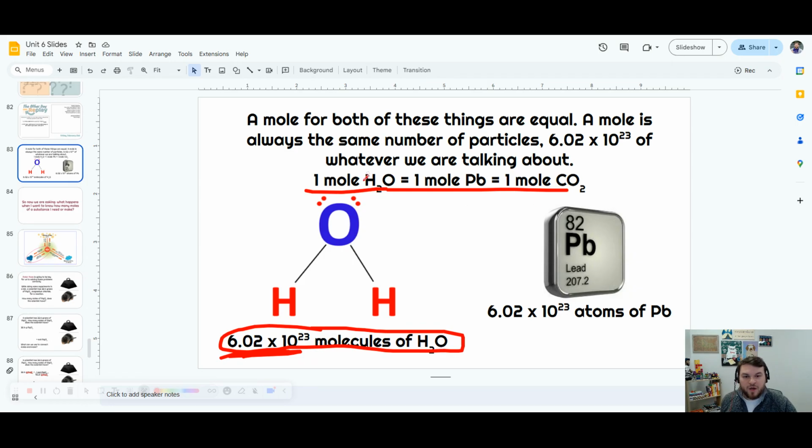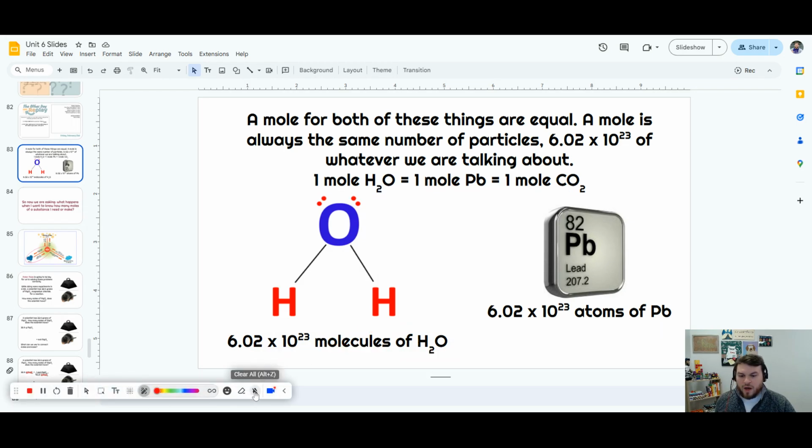When we have water and lead involved in the same reaction, if we have 1 mole of water and 1 mole of lead, we're talking about the same number of atoms or molecules, but through the lens of the mole. So we can start to do some quantitative chemistry, meaning quantities or numbers.